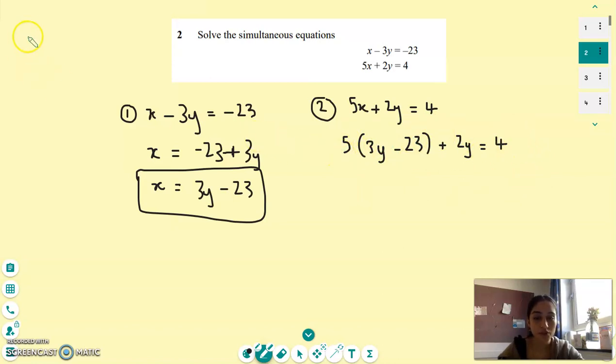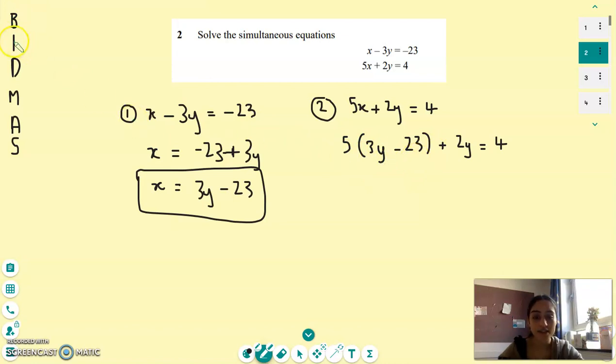Now, before we go into solving this, I just want to remind you of a really important concept, which is BIDMAS. Now, BIDMAS is really helpful when we're thinking about the order of operations. So the first one, B, stands for brackets. So it's really important we multiply out and expand all the brackets first.